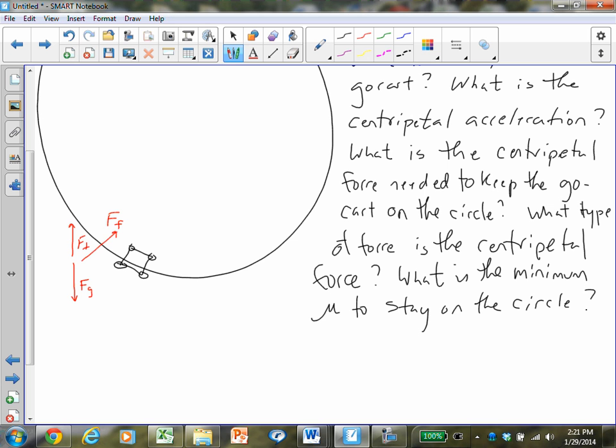So if you're driving home, going around the S curves, which is just a portion of a circle, right? And you go around it at a constant speed, you're actually accelerating because you're doing what? Changing direction. So you're actually accelerating.